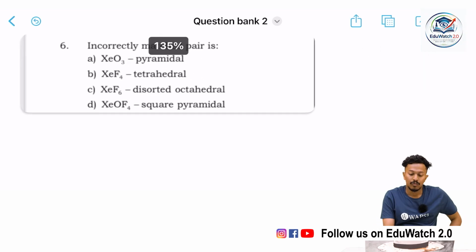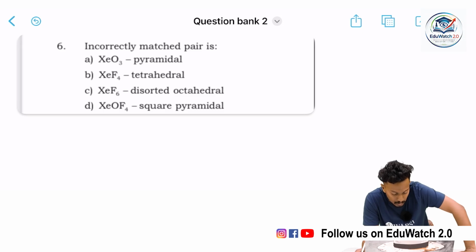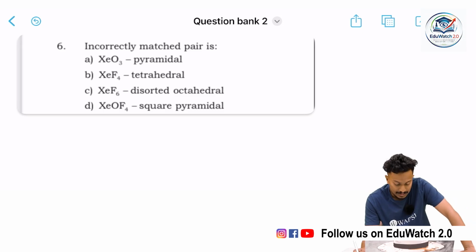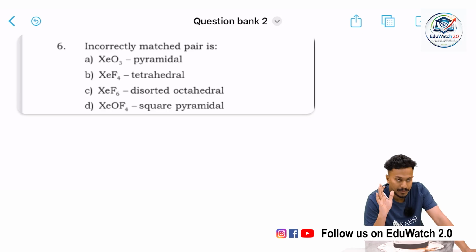What is the incorrectly matched pair? XeO3 is pyramidal, XeF4 is tetrahedral, XeOF4 is square pyramidal, XeF6 is distorted octahedral, right?